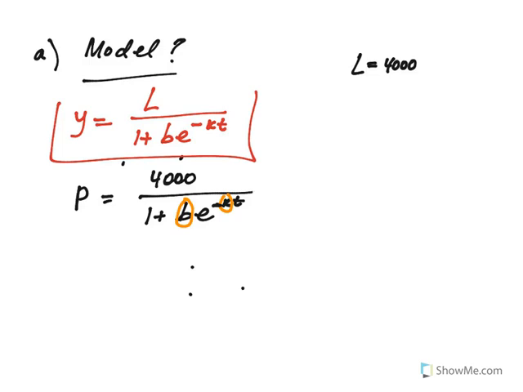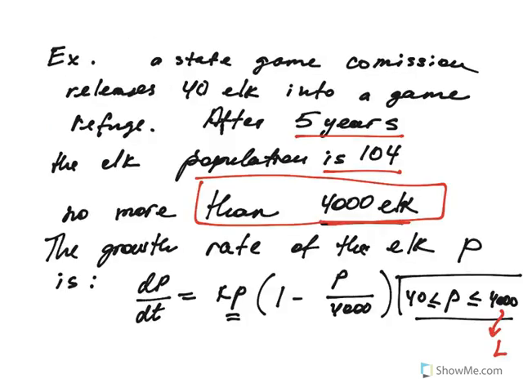I'm just going to circle what I need to find. Now, if you read this problem again, they tell you what the initial condition is. Right here. It says that your population is between 40 and 4,000. So the carrying capacity is 4,000, that's your maximum. But the lowest number is 40.